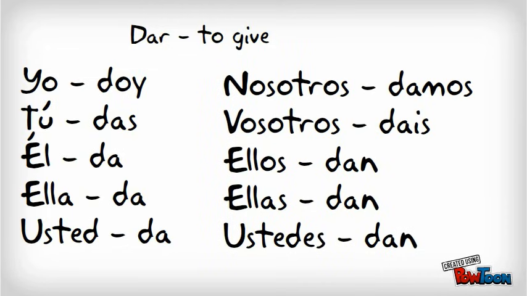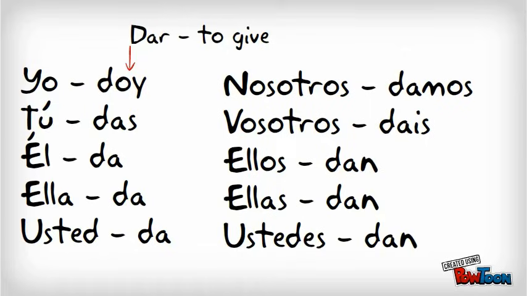Does your chart look like this? Vale. Here is the yo form of dar, pronounced doy, D-O-Y. Add it to your chart to make sure that you don't forget.